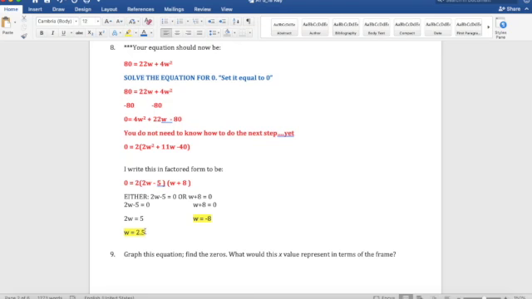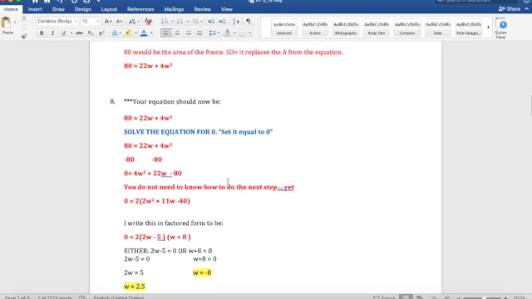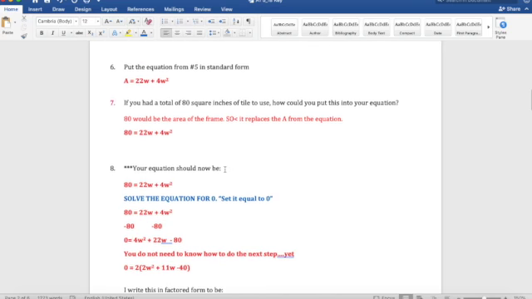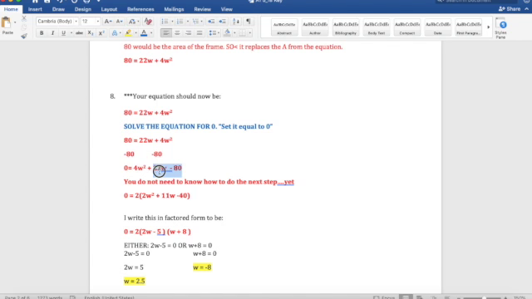Today, what you're actually going to have on your collected only exit slip, we're going to graph this equation, and look for the zeros. And again, what do the x values represent in terms of the frame? So we're going to look at that. So I'm going to go to Desmos, and I'm going to graph this.